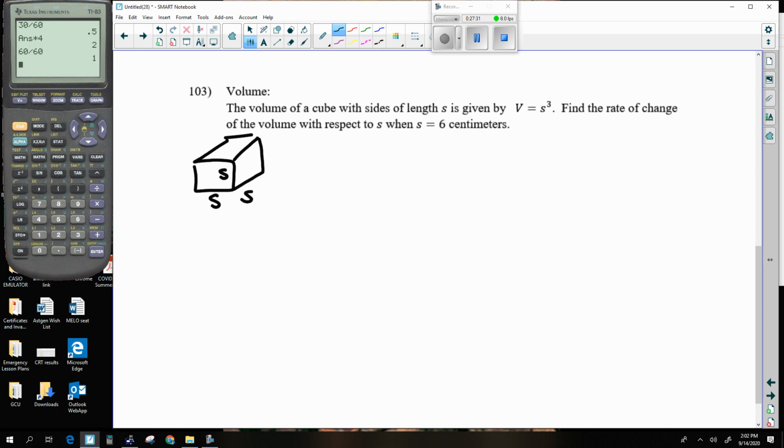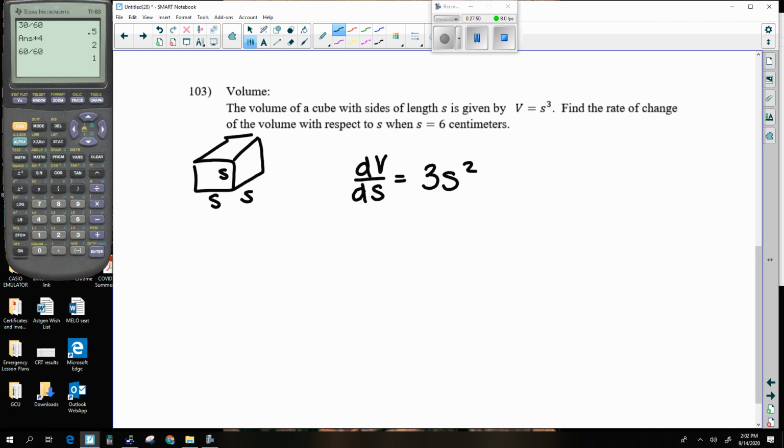So the change in volume with respect to s, that's dV/ds, change in volume, change in s. So this is going to be the derivative of V with respect to s. That's 3s squared.